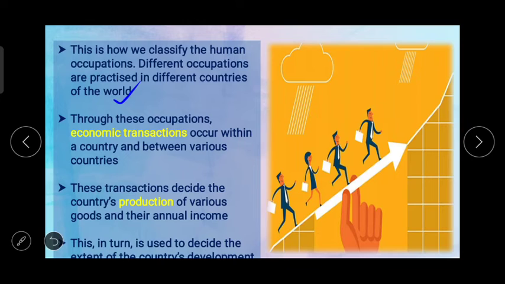These transactions decide the country's production of various goods and their annual income. So this in turn is used to decide the extent of the country's development. So directly or indirectly, development of the country is dependent on the human occupations, or the people who are engaged in which type of occupation, whether primary, secondary, tertiary or quaternary.